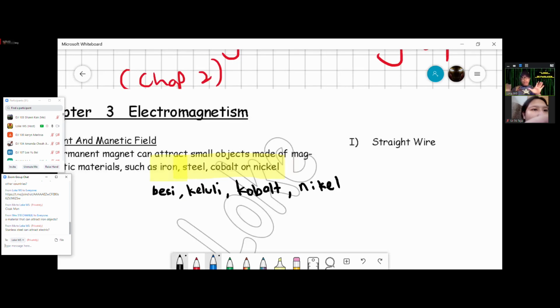So a magnet basically is just able to attract these 4 things. But the magnet story is not over yet. More story to come about the behavior of magnets.